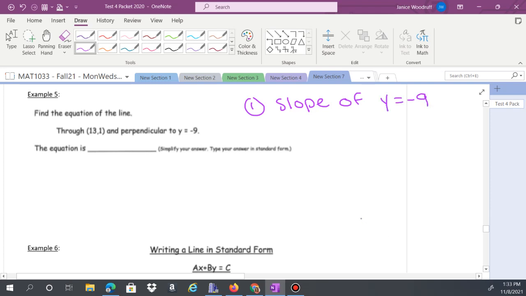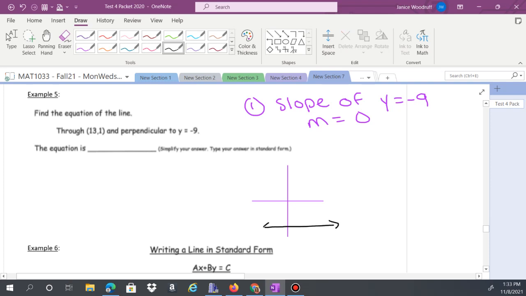What's the slope of this line? 0. Which means what kind of line is this? This is a horizontal line, so y equals 9, probably like this right here.